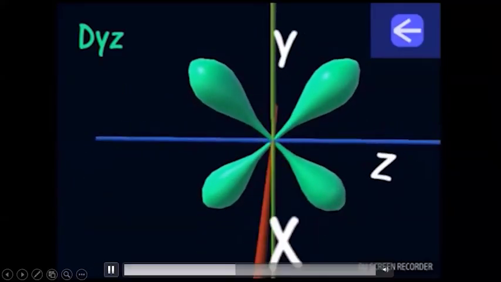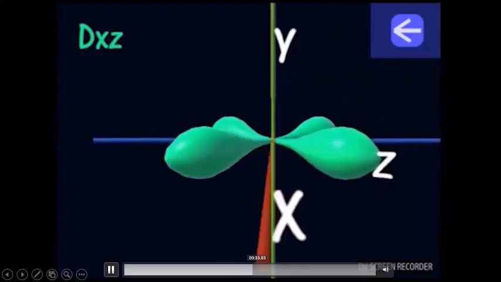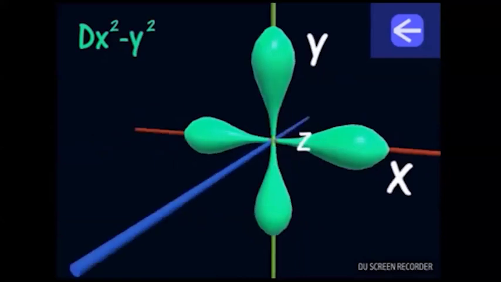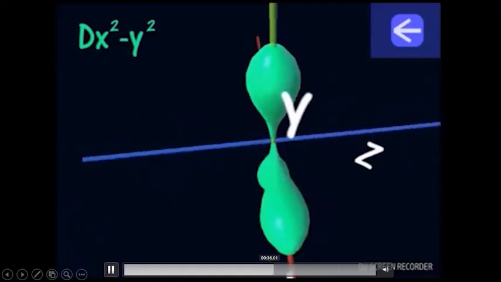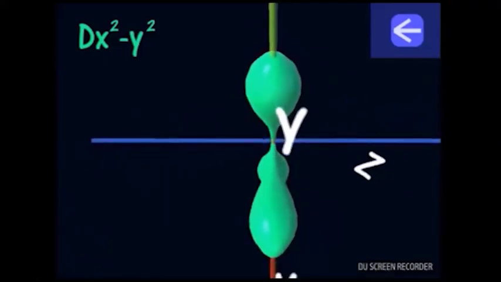But if you see the dx square minus y square, just see this point, from here to here. It is along the xy plane and also along the axis.